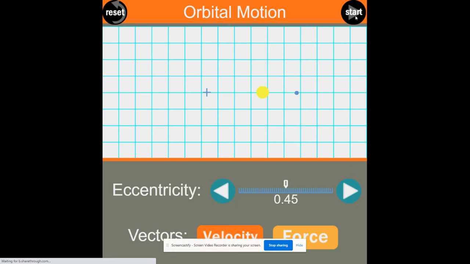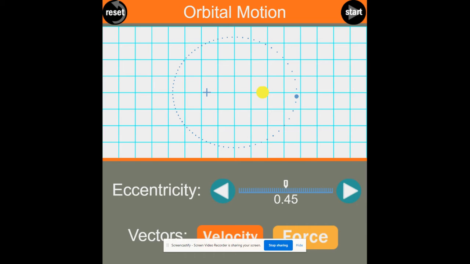So I'm going to start this in motion. And the first thing I want to point out, and let it go all the way around, is that even though we think of orbits and they're drawn a lot of times as being perfect circles, they're not.